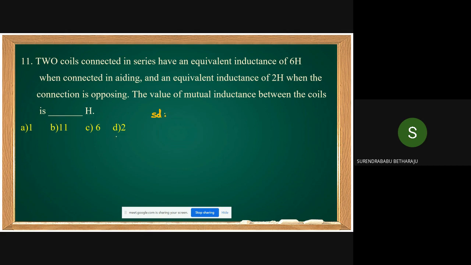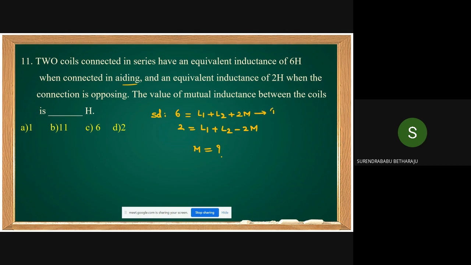Two coils connected in series have an equivalent inductance of 6 Henry when connected in aiding. Then 6 equals L1 plus L2 plus 2M. When connected in opposing, 2 equals L1 plus L2 minus 2M. Then you want to find the mutual inductance.